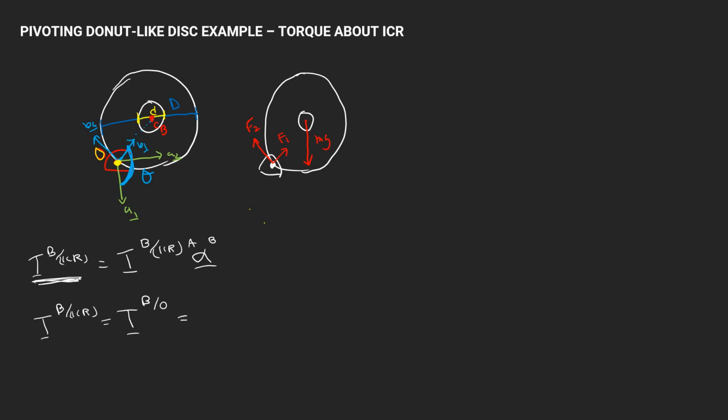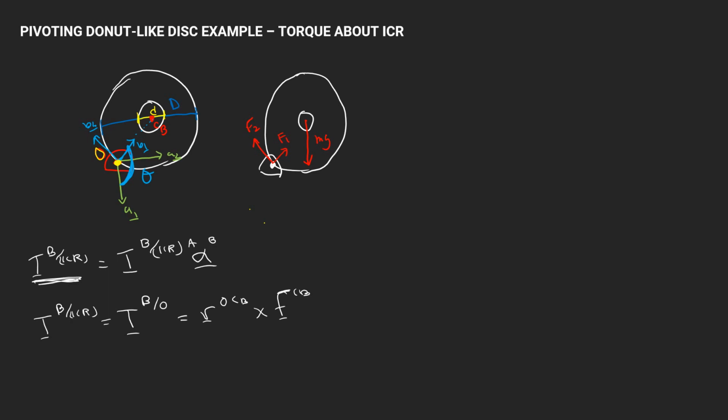So torque, we remember, is the cross product between a position vector and a force vector. So the position vector is going to be from our point O to the center of mass of the body, CB, crossed with the force, capital F, acting upon the center of mass of the body.